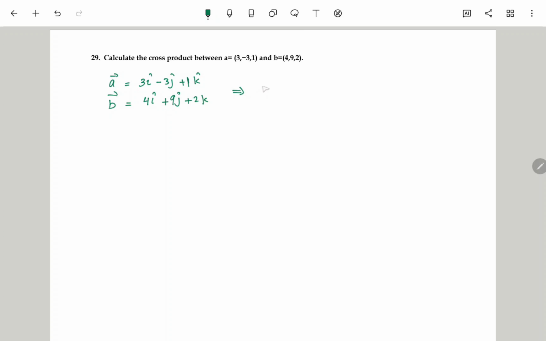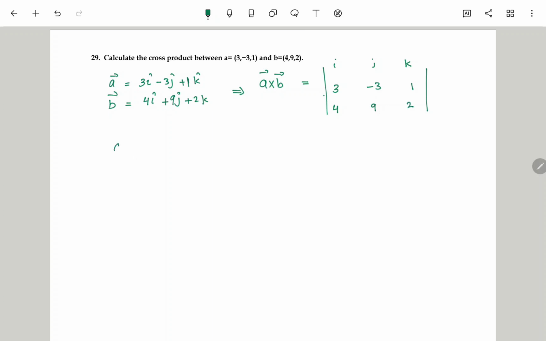In order to find A cross B, open a determinant like this: i, j, k, and in the second row write the A components, which in this case are 3, -3, 1, and in the third row write the B components, which in this case are 4, 9, 2.